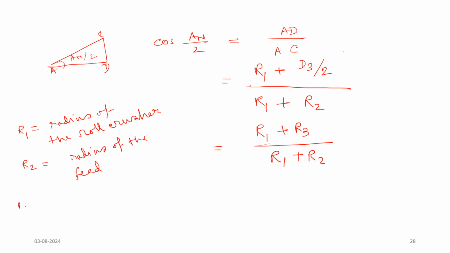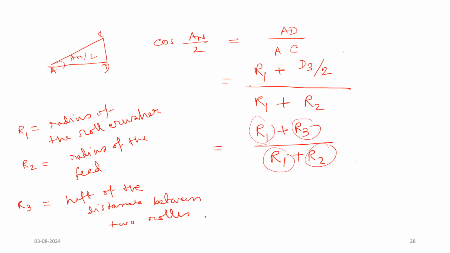And R3 is half of the distance between two rolls. Okay, so this description we have to remember, otherwise you cannot do the problem. You will get confused about which one you have to calculate. So remember the expression and what the meaning of it is. And do you understand the derivation? Yes, sir.